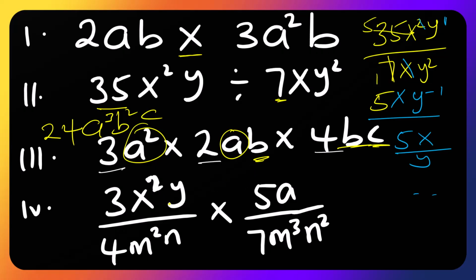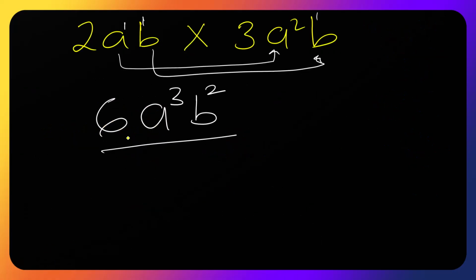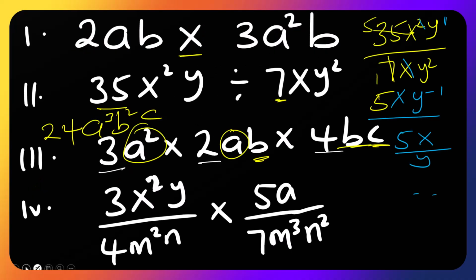Let's look at the fourth part. We have a fraction times another fraction. Let's check if the numbers can cancel out. They cannot, so we multiply the numerators and do the same to the denominators. We have 3 times 5, which is 15, and x squared y a.